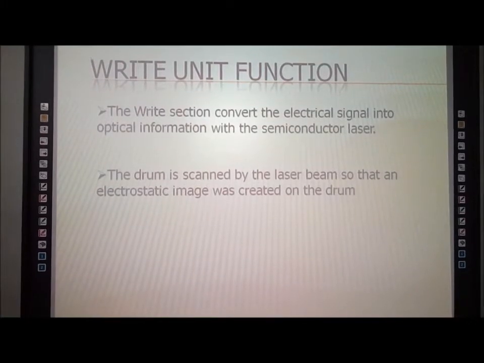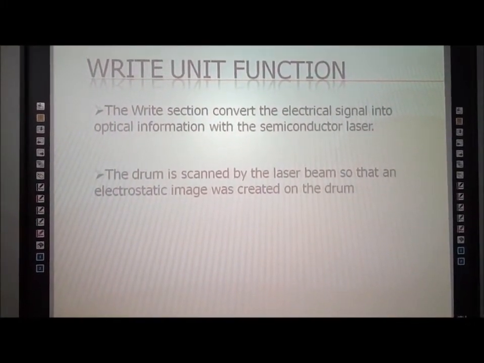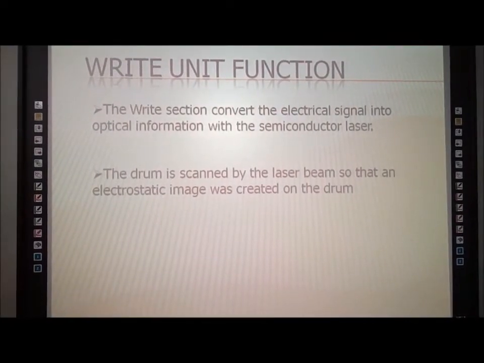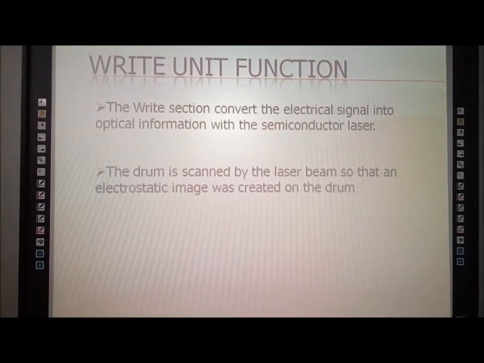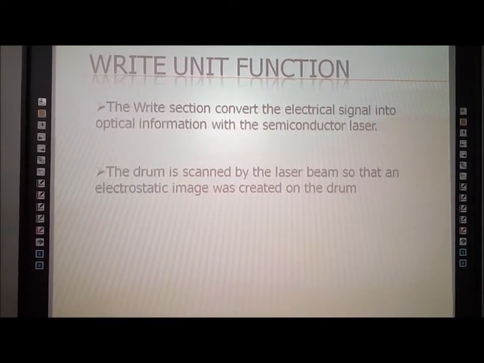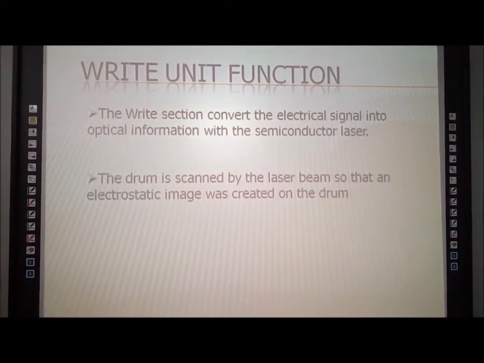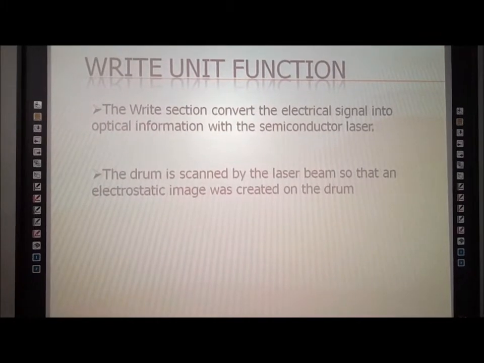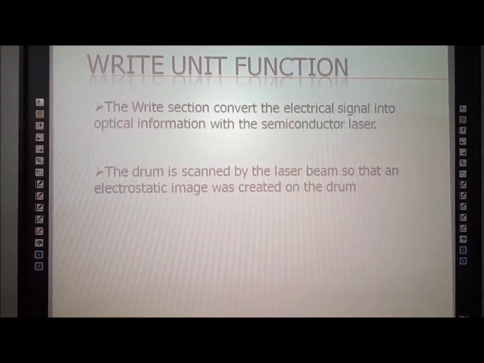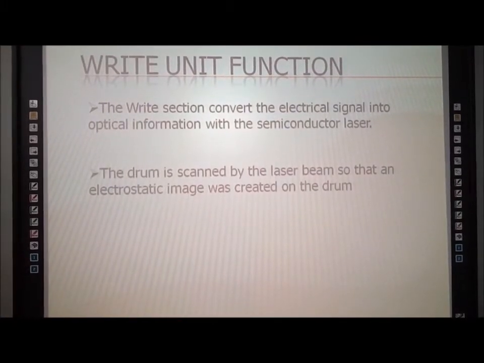The laser diode is the one that writes on the drum. The drum is scanned by the laser beam so that an electrostatic image is created on the drum. So remember, guys, that the write unit is the one that writes on the drum.